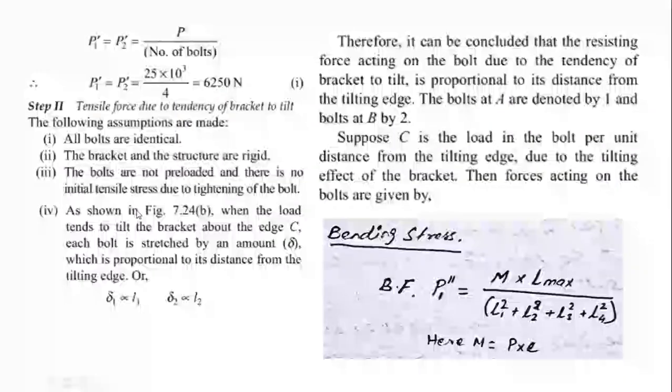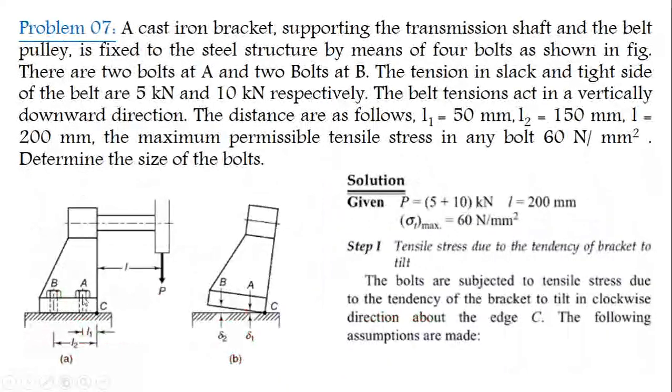But here the bolts are in the downward direction and the load is also acting in the downward direction. So no direct tensile stress will happen here. Okay, so we do not need to find the direct tensile stress here.